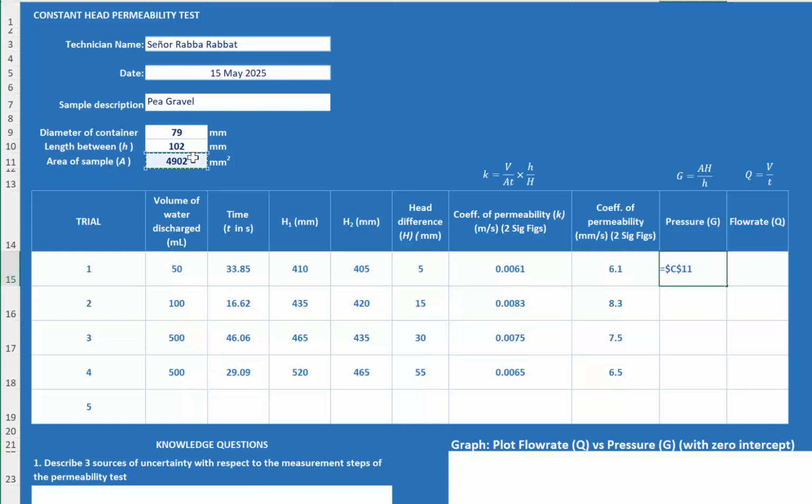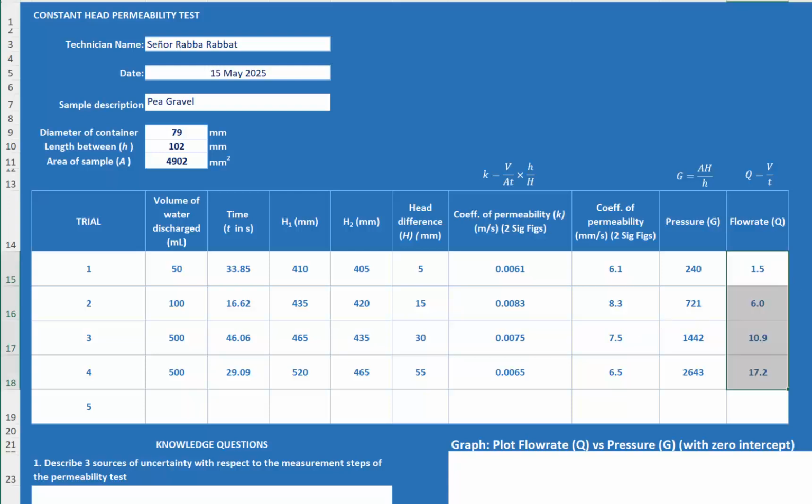First variable we're describing as pressure, which is the area times the head difference, divided by the length between the tappings, and those 2 values need to be absolute referenced because I want to use the autofill function. And now for flow rate, which is simply the volume in millimeters divided by the time in seconds.